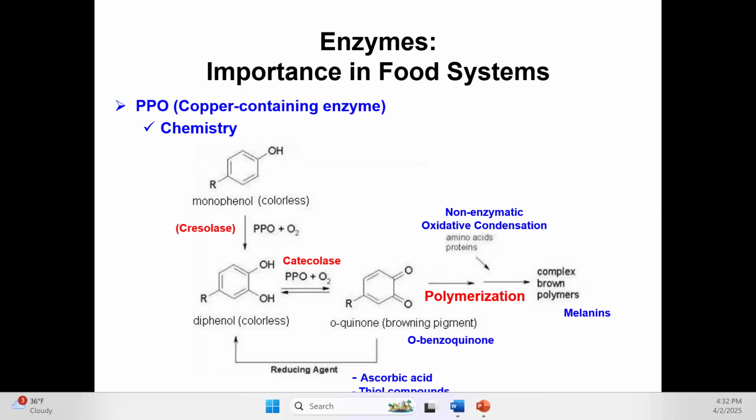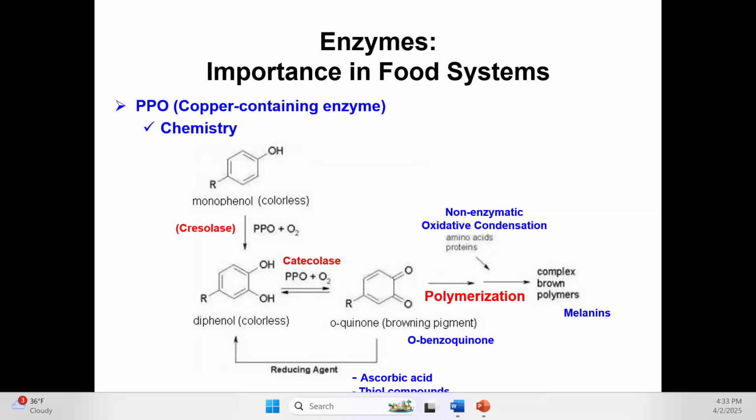Cysteine is a reducing agent that you can use in food application, or acid. Sometimes if you put a little bit of lemon on your apple, you prevent it from getting brown in color. Thiol containing, it has SH. So like cysteine has an SH group, sulfide group. It acts as a reducing agent.